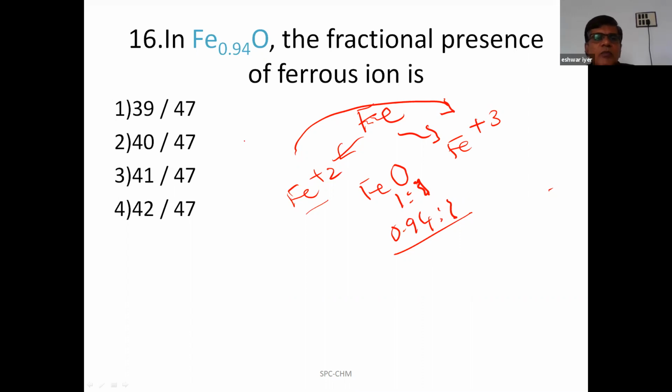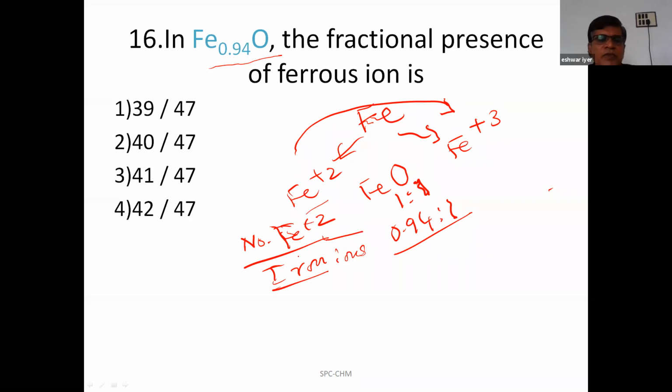So in this compound there are not only ferrous ions, there are some ferric ions. You have to find the ratio of the number of ferrous ions to the total number of all the iron ions, and write that ratio as the answer.